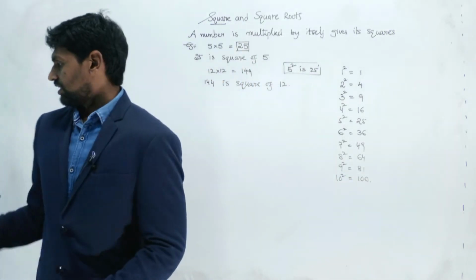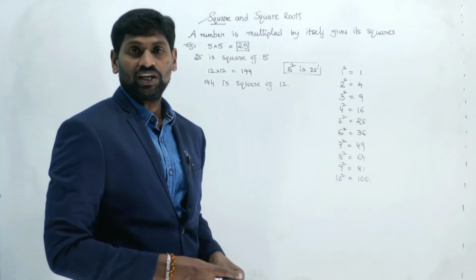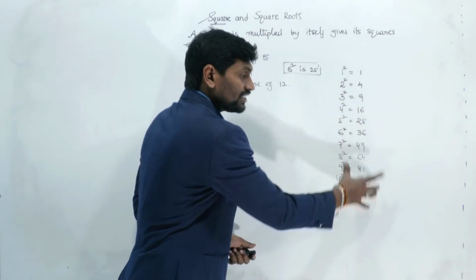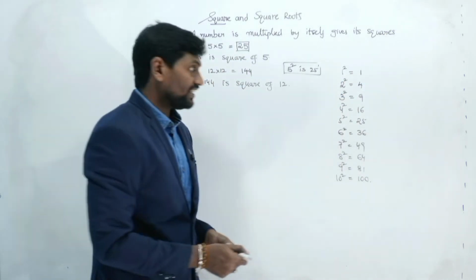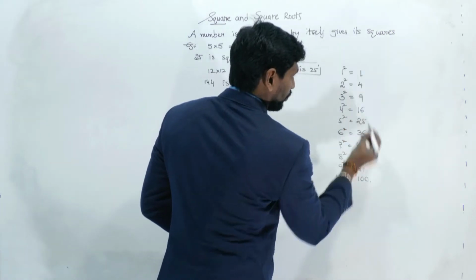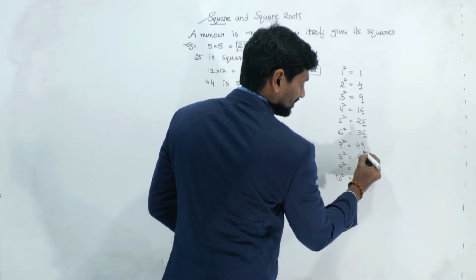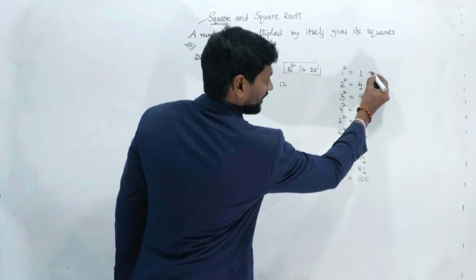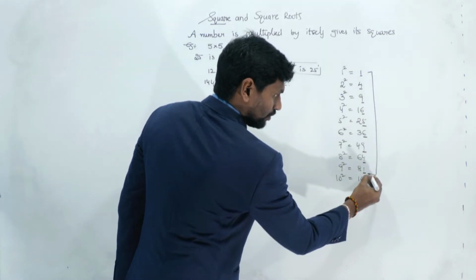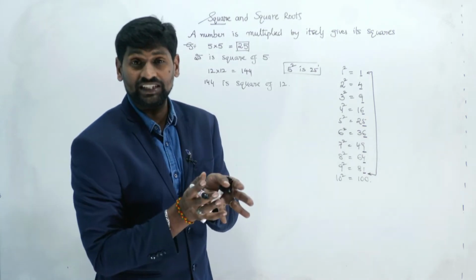Now check all these numbers, 1 square to 10 square, while observing all their units place digits. See the units place digits: 1, 4, 9, 6, 5, 6, 9, 4, 1. Now see here 1 and 9. 1 square value and 9 square value end with the digit 1.